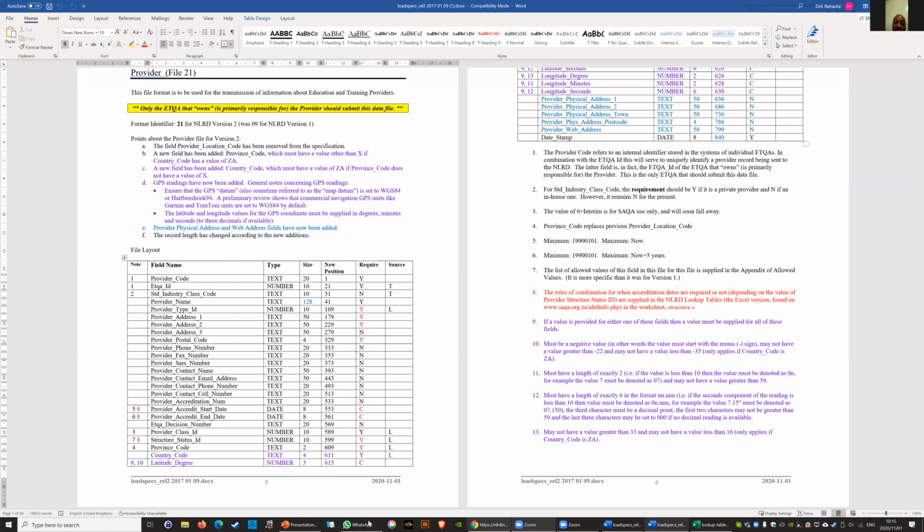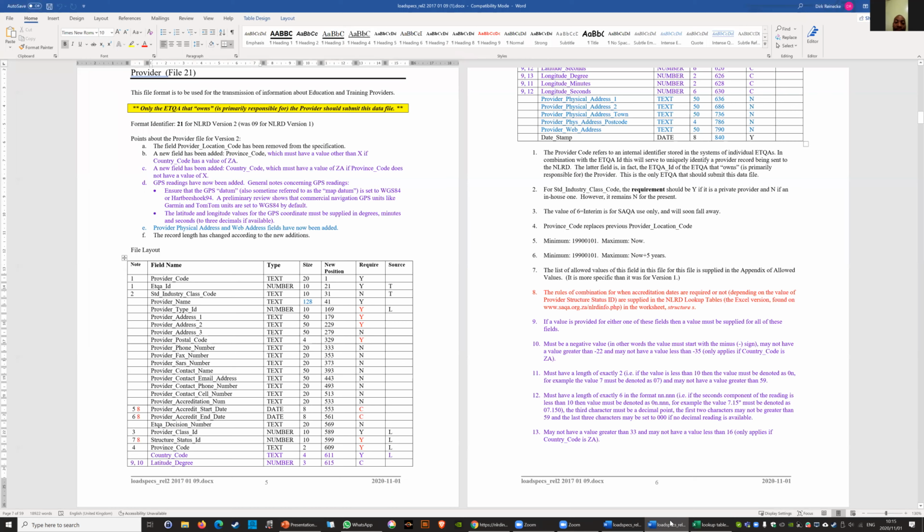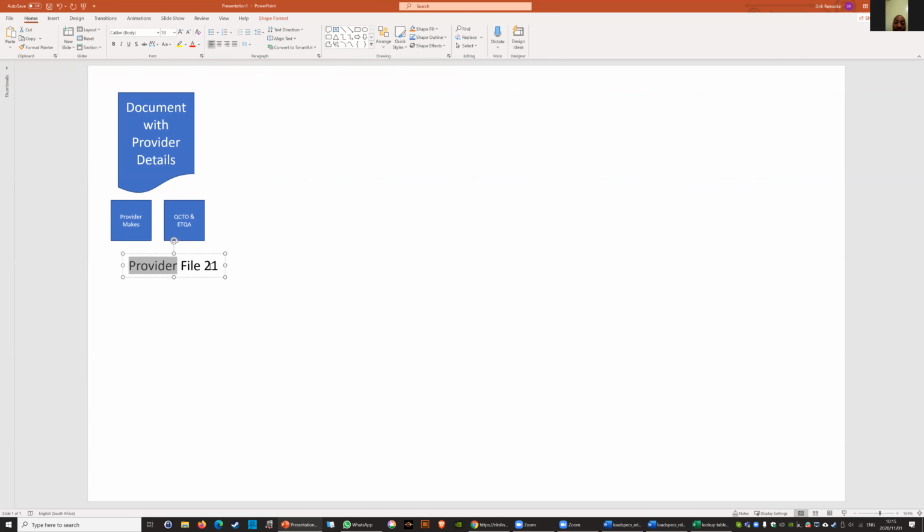So we're then just going to put it into the provider file. Just going to put a label there, provider file 21. Or actually, wait, I think it just says file 21. Oh, okay, so it says provider, and then in brackets. Okay, so what do you think is the purpose of this document?